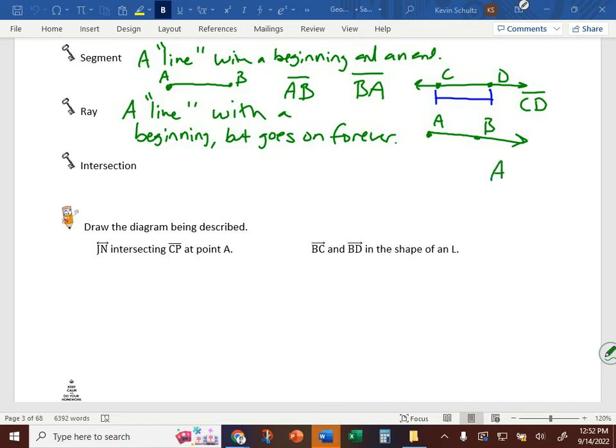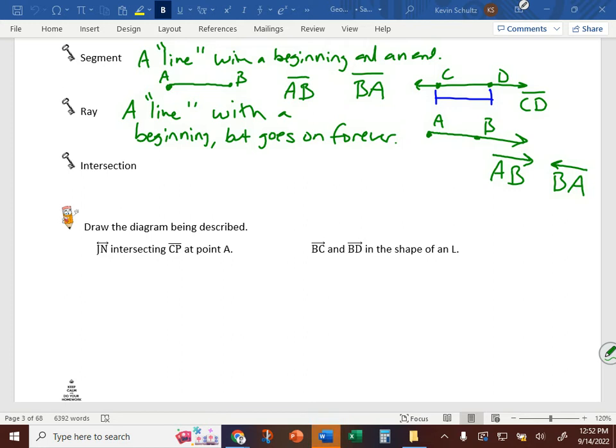So you'd notate this with AB, with no arrow above the A, because that's where it starts, and an arrow above the B, because that's where it continues through. You could also technically write it BA, again with no arrow above the A, because that's where it starts, and an arrow above the B, because that's what it continues through.